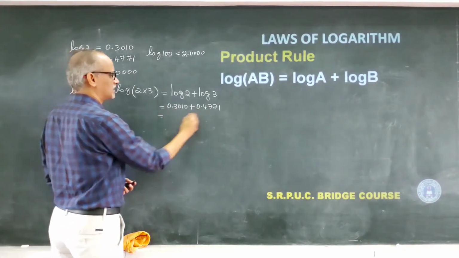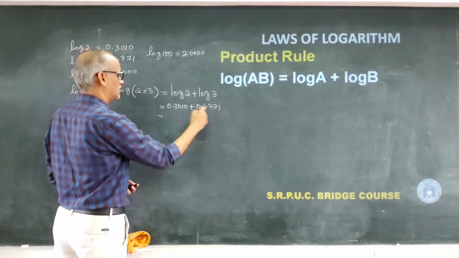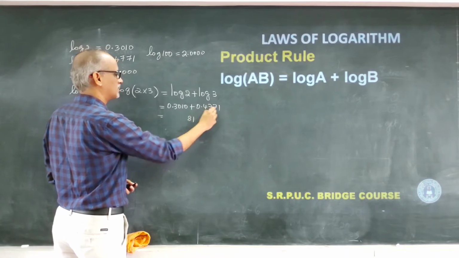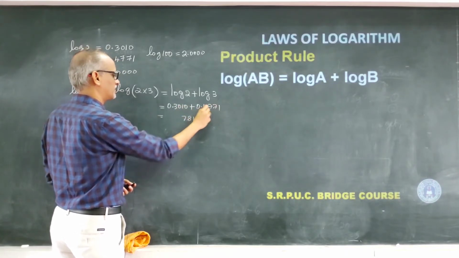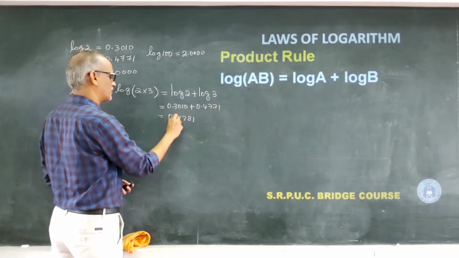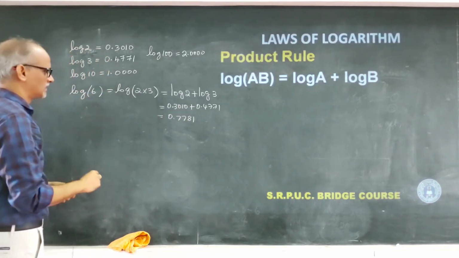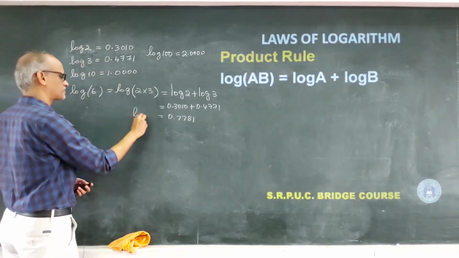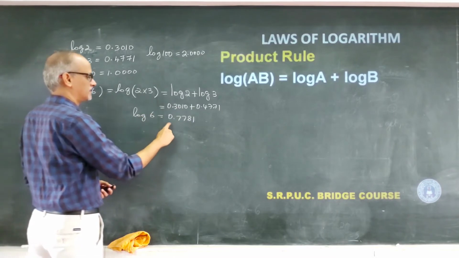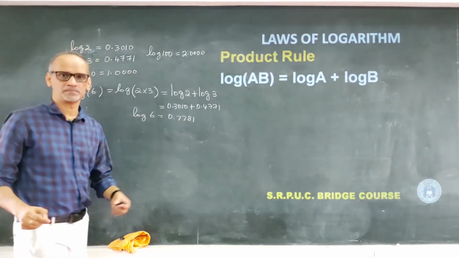Just add them: 1 plus 7 is 8, 7 plus 0 is 7, 4 plus 3 is 7, so we get 0.7781. So log 6 is 0.7781.